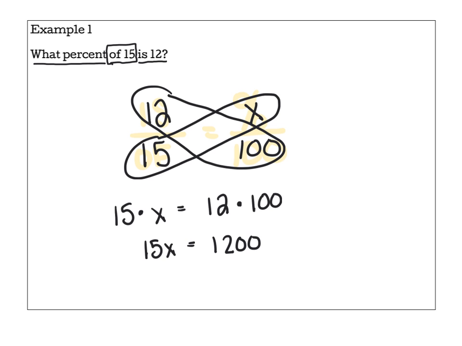Now this is a one-step equation, and I'm just going to divide by 15 on both sides to figure it out. And 1,200 divided by 15 is going to give me x equals 80. Well, I was looking for a percent, so I need to make sure I put that percent sign there. Let's keep looking at some examples.